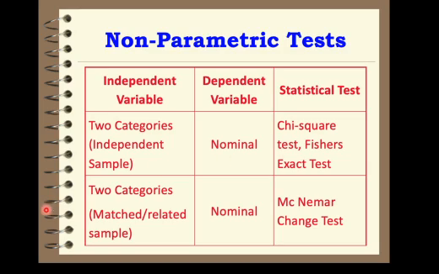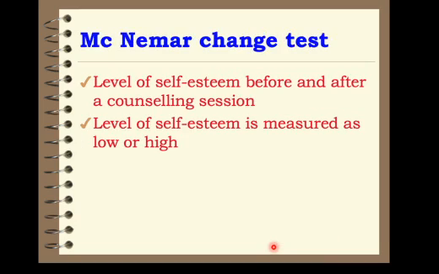Now, if we have two categories for the independent variable, but they are matched or related, meaning they are paired, they are the same participants, you measure them twice, and then the dependent variable is nominal, the statistical test to use is a McNemar's test. We'll give an example of a McNemar's test.